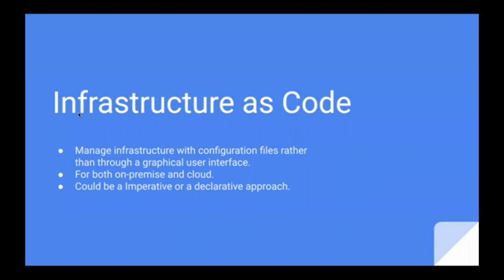In the declarative approach, we just define the end state, the end infrastructure that will be required by our application. We don't have to write our infrastructure in steps form, and we don't have to manage the workflow or the order of work. The tools will do that automatically for us. So these are the two approaches available in infrastructure as code: imperative and declarative.